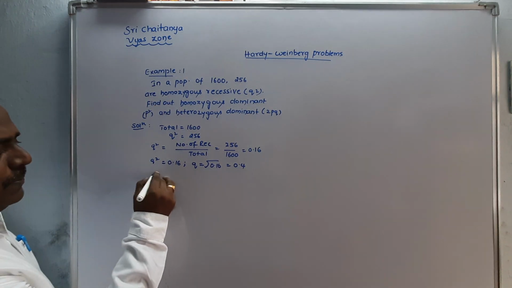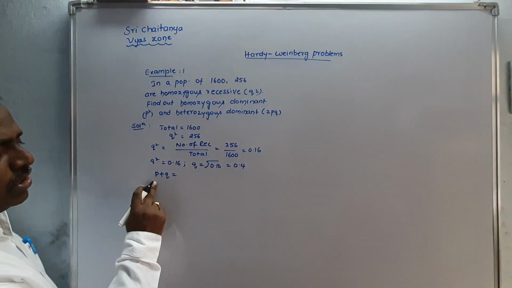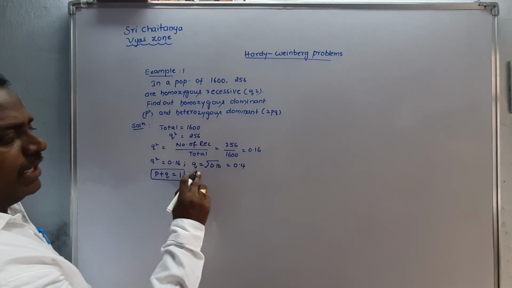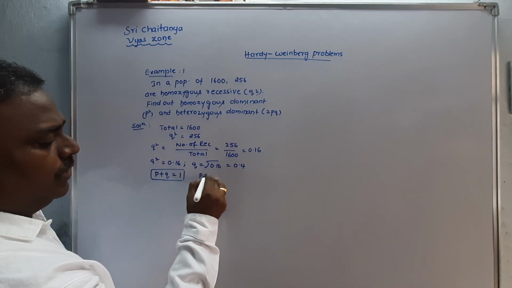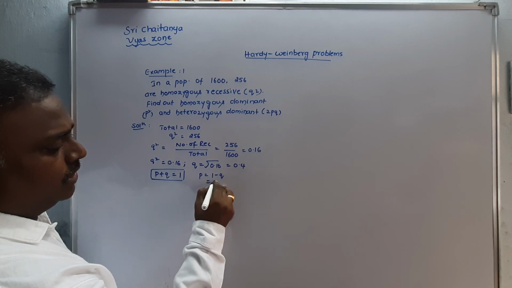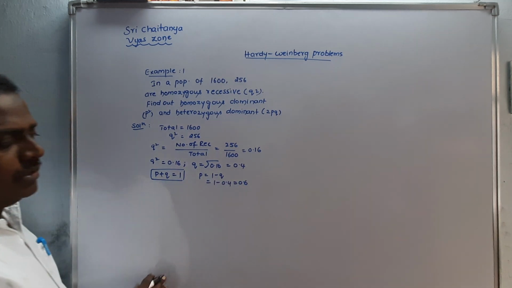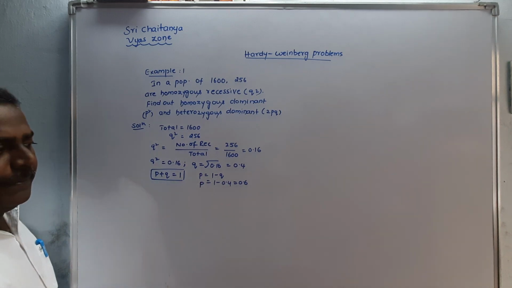You know that p plus q is equal to 1, the sum total of dominant and recessive alleles. Whereas p is equal to 1 minus q, that is 1 minus 0.4, which is 0.6. So you got the value of p.